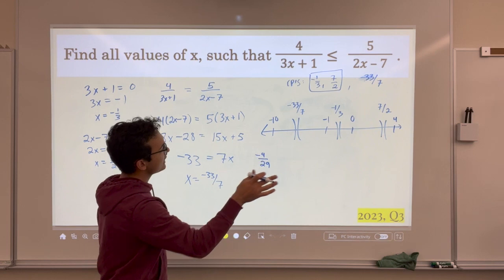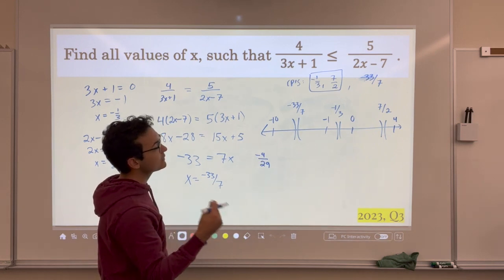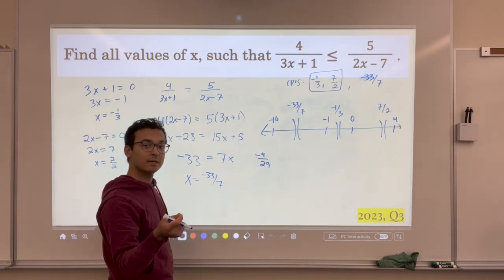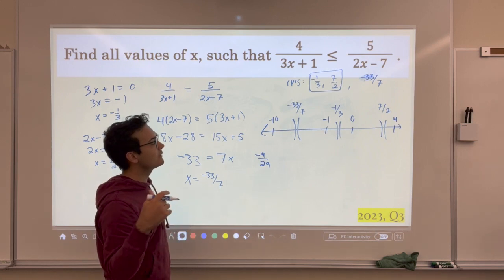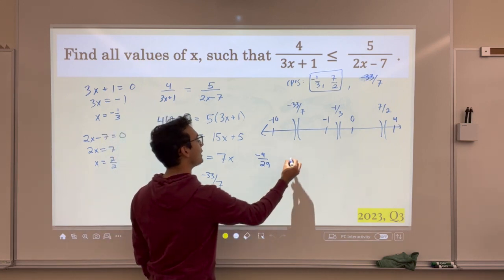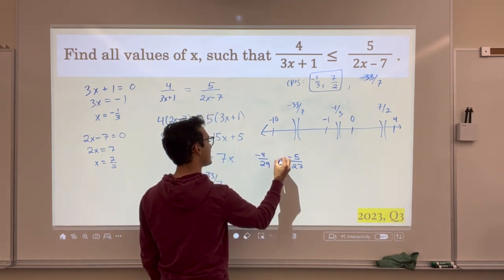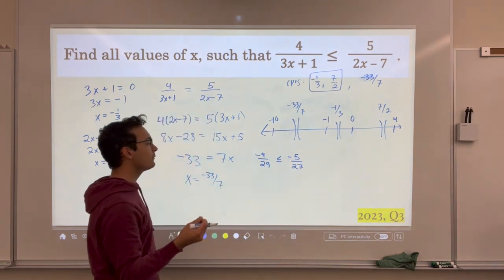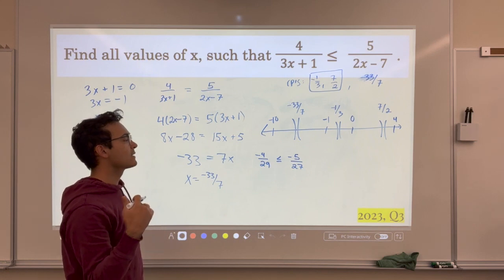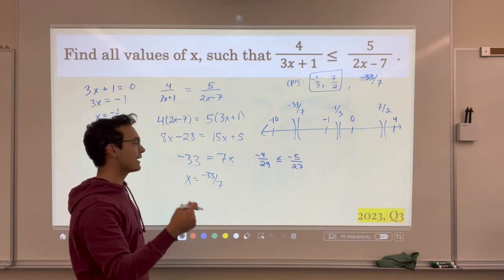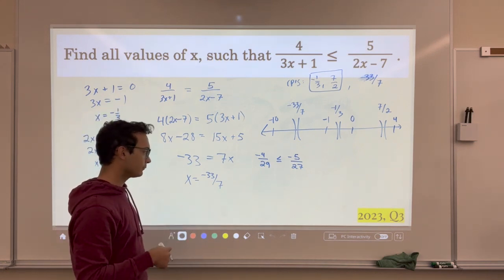And then on the right side, we get that 2 times -10 is -20, minus 7 is -27, so we get -5 over 27. Now the statement says that -4 over 29 is less than or equal to -5 over 27.